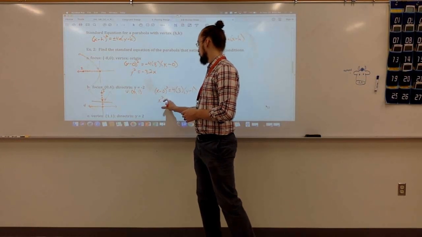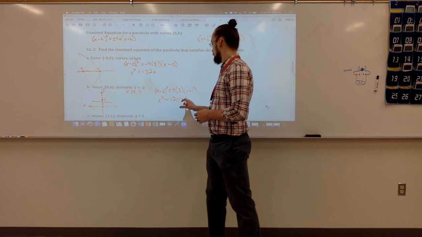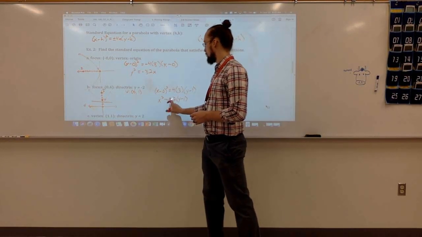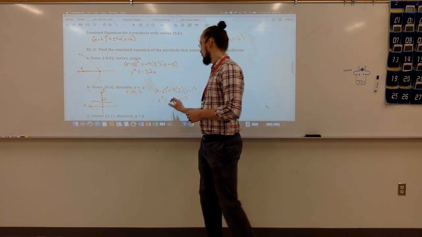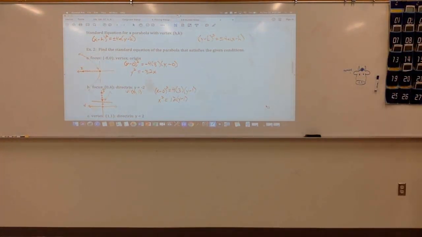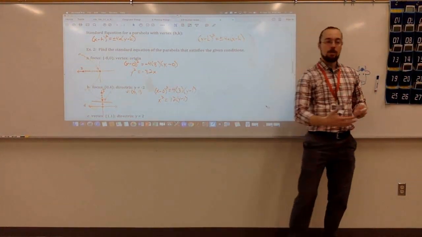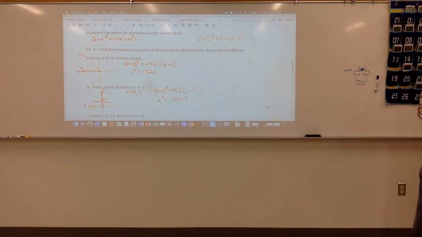This would just be x squared equals 12. Now, I'm not going to distribute the 12 through the parentheses on the right side. We're just going to leave it in this form so that we can see the vertex from our equation. This is what's called the standard form of a parabola.